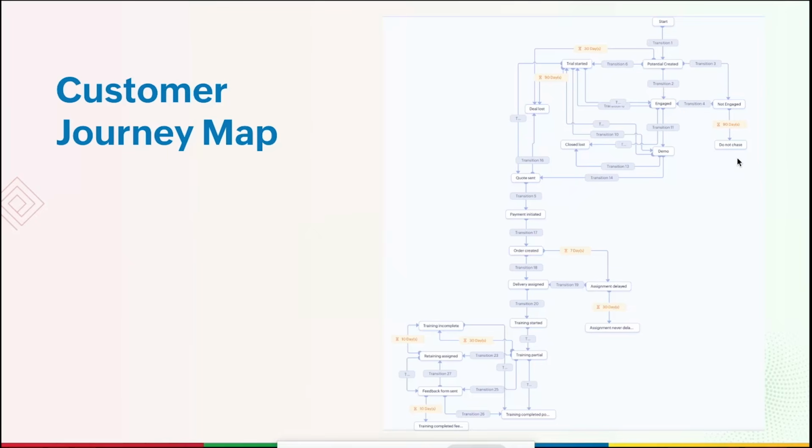Like this map, think of how different types of customers move through different stages, where they branch off, how long they take between these stages, and what actions are done to move them forward. Now, all of this reinforces and perfects what the business is doing right. It also pinpoints where it's falling short and provides data through this map for real-time course correction.